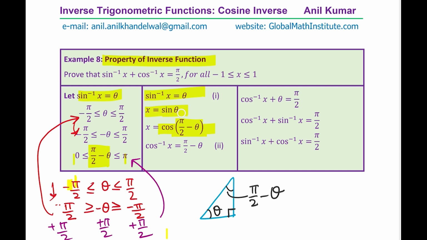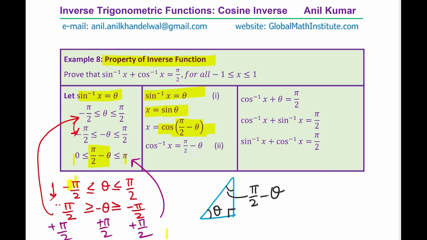So sine of theta is the same as cos of pi by 2 minus theta. So that is the x value. Now writing it as an inverse function, cos inverse of x is what? Pi by 2 minus theta. So we get the value of cos inverse of x.